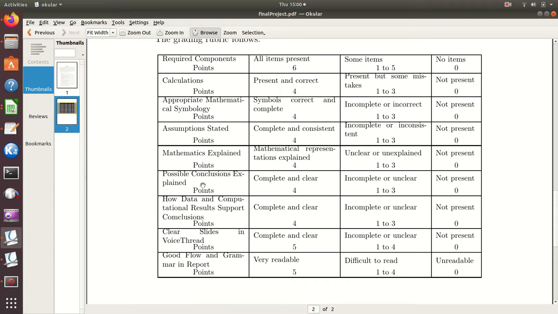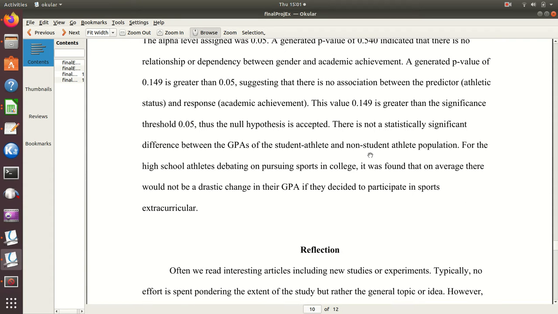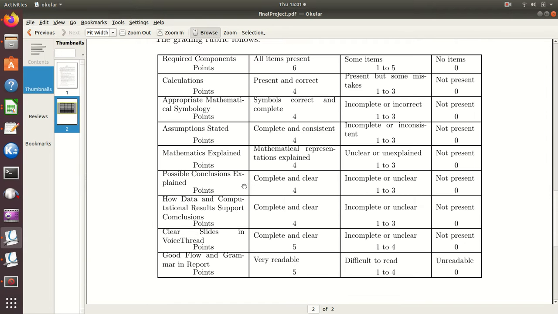Possible conclusions explained. Definitely, I think they interpreted things nicely. Those conclusions were very nice here, and kind of how it impacted somebody else. Now, they didn't really readdress, though, you know, the population and who this could be applied to. You know, is this any sport, any college? They didn't come back to that, and so they're a little weak on that, on the conclusions explained.